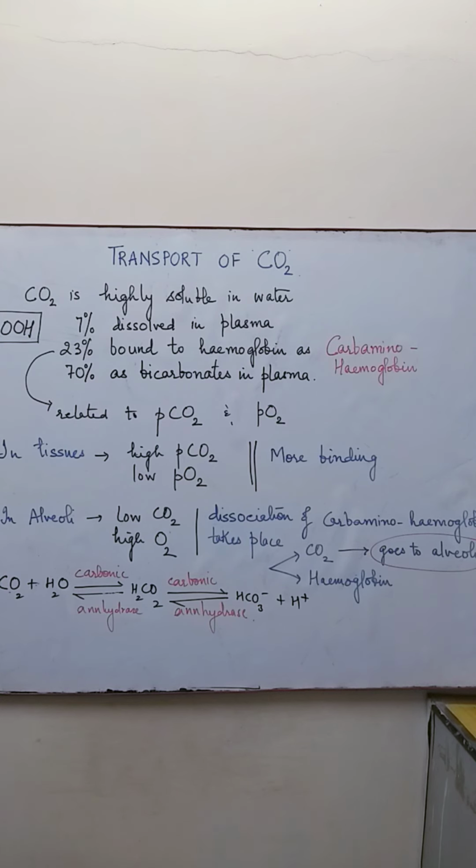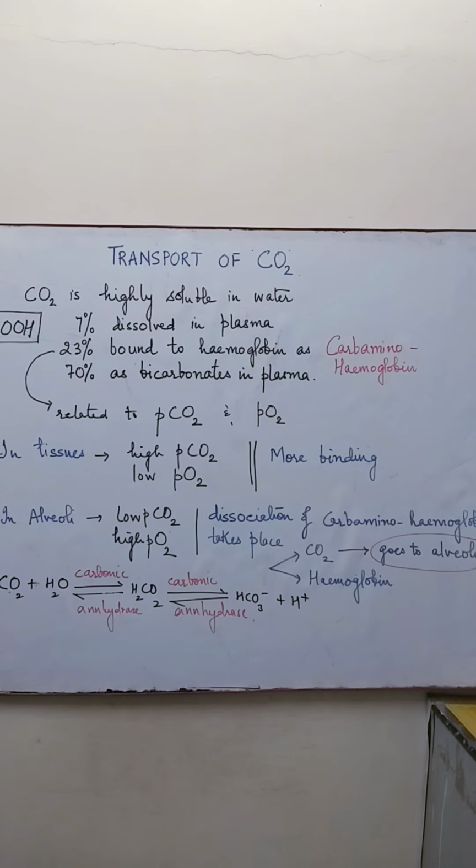Now, when we compare it with alveoli, the alveoli have low partial pressure of carbon dioxide and high partial pressure of oxygen. It is here that the blood carrying the carb-amino hemoglobin reaches, and the dissociation of this compound takes place, releasing carbon dioxide and freeing the hemoglobin.